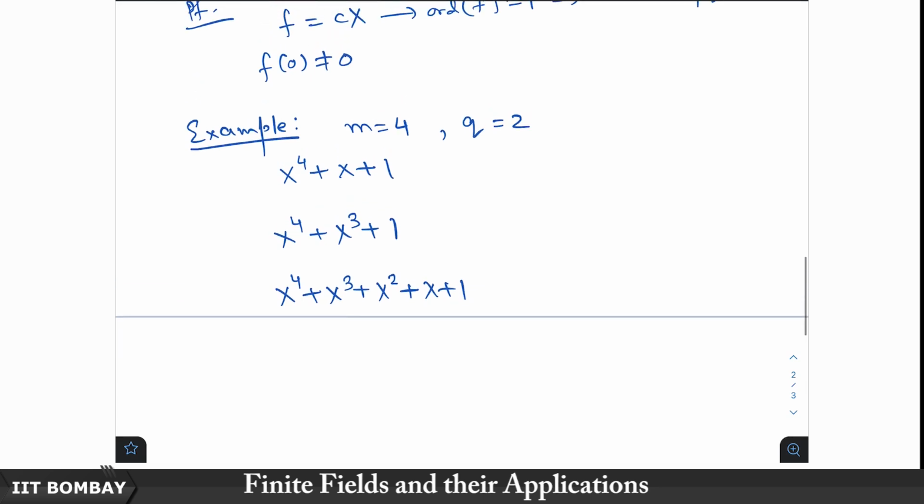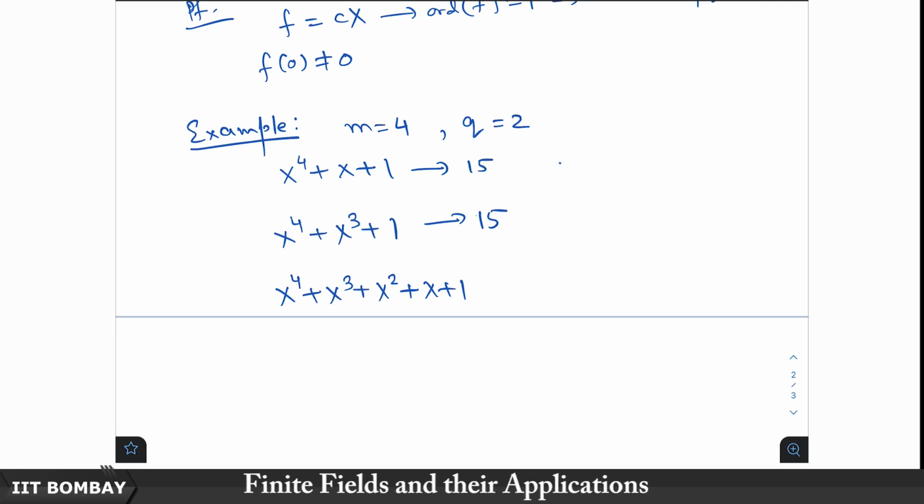Now, the order of this is 15, and of course, all these polynomials divide the polynomial x power 15 minus 1. So, the orders of them divide 15, but in this case these two have order exactly 15.